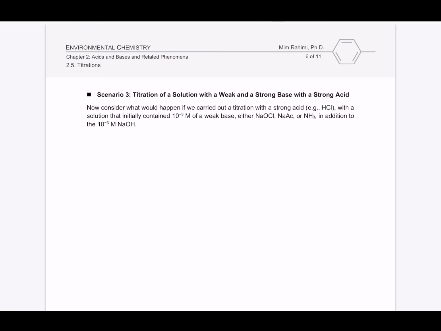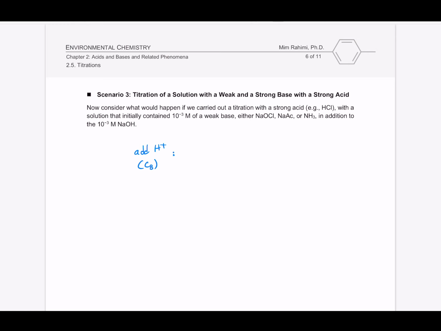So in this case, specifically, we have 10 to the minus 3, 1 millimolar, of sodium hydroxide plus one of these weak acids. It's the salt of the weak acid, and this is basically ammonia, at the same concentration. So we want to see what happens when we add a strong acid. When we add H plus, what happens?